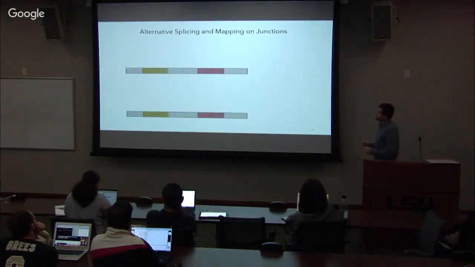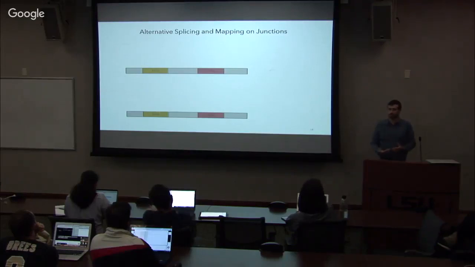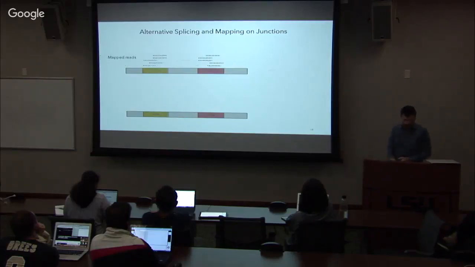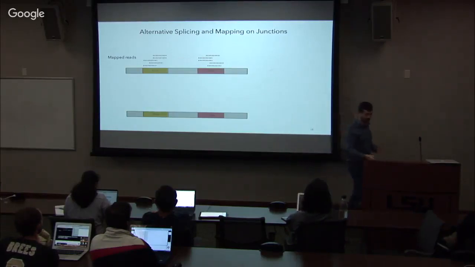Now, how does splicing affect our mapping, and why is it important to remember that what we are interested in are junctions between exons? Because they're really the hard evidence that we have exons spliced together. So in the beginning, we will have reads that map to some region. So you know that they fall within the boundaries of a specific exon.